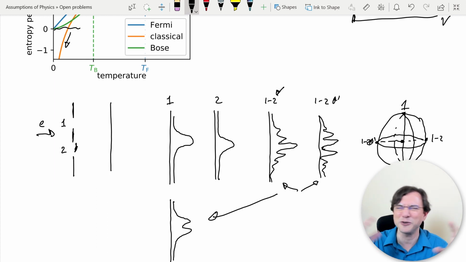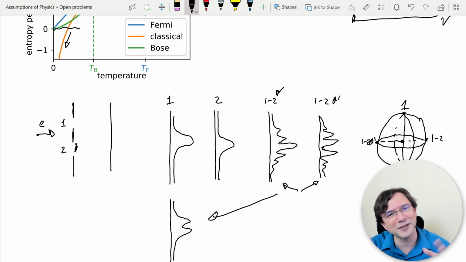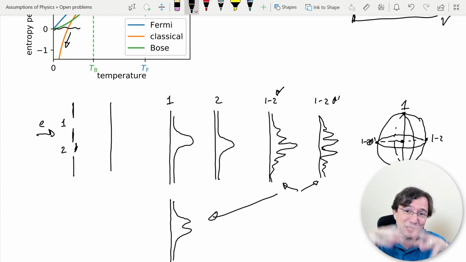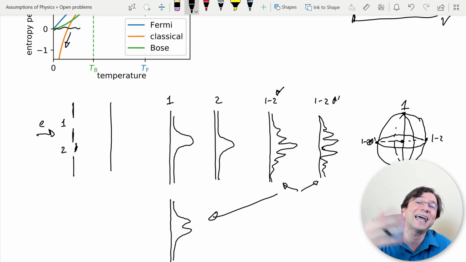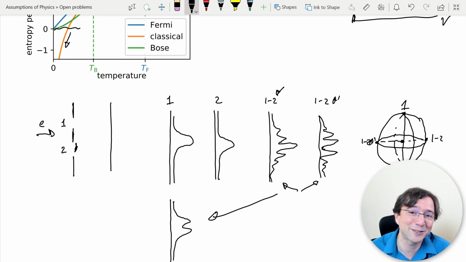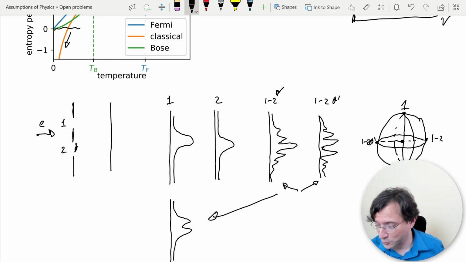You squint your eyes and it kind of looks like classical mechanics. The point particles don't really exist at that point; you just have a distribution over point particles, and you're pretending that this distribution is a good enough approximation, even though they're not really point particles. Okay, so that's basically the story.